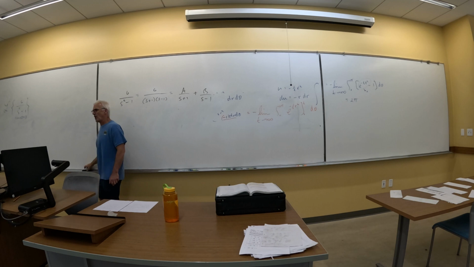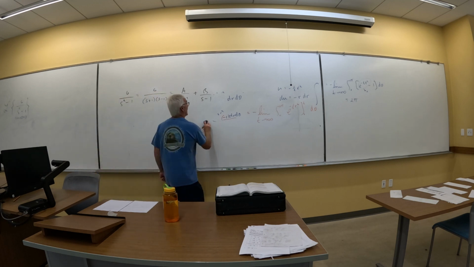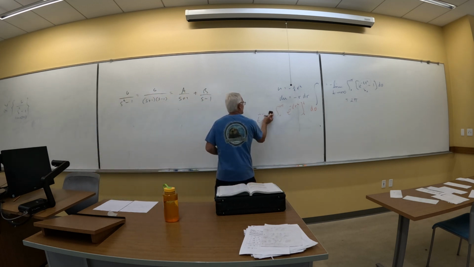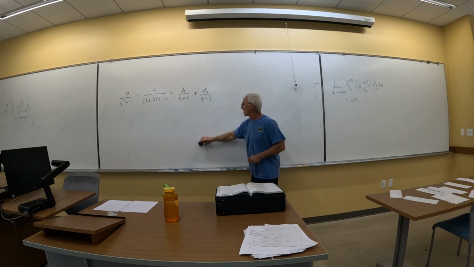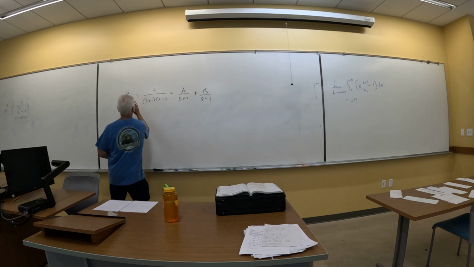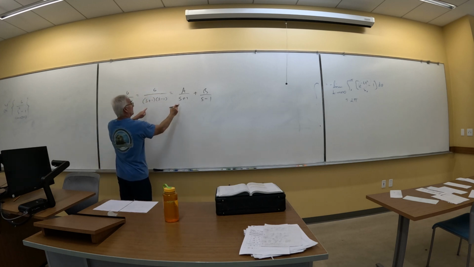Now, I want to walk you through the process because although everybody's been exposed to this, not everybody is efficient or knows when I can speed up the process. So I'm done with that part.